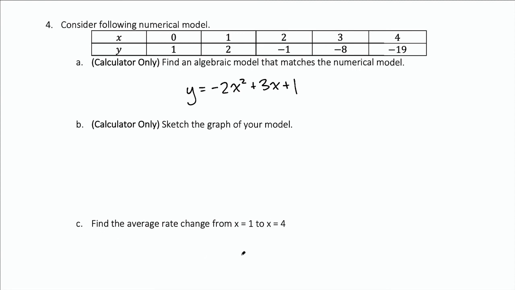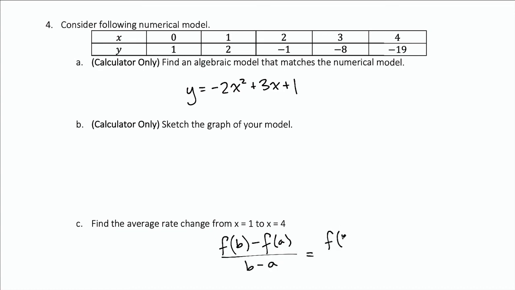Next, find the average rate of change from x equals 1 to x equals 4. The average rate of change is f of b minus f of a over b minus a.